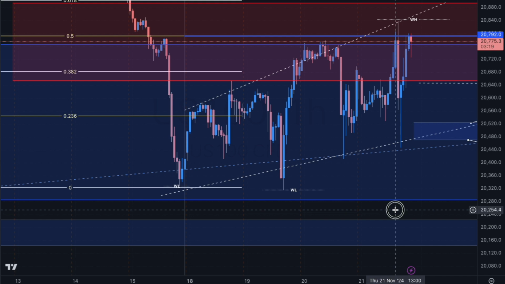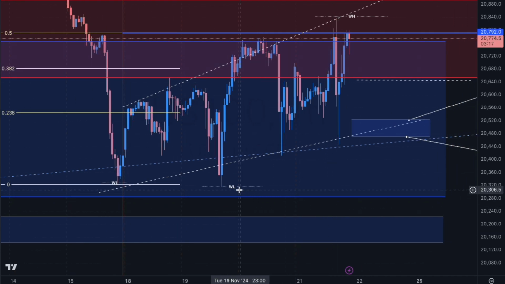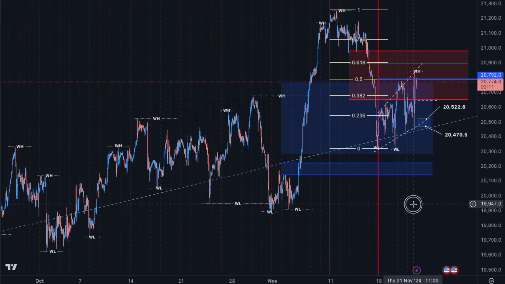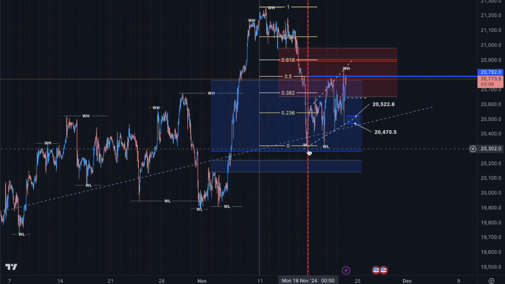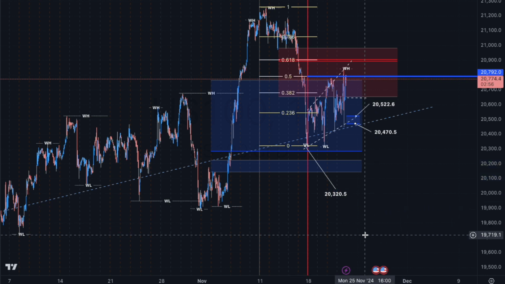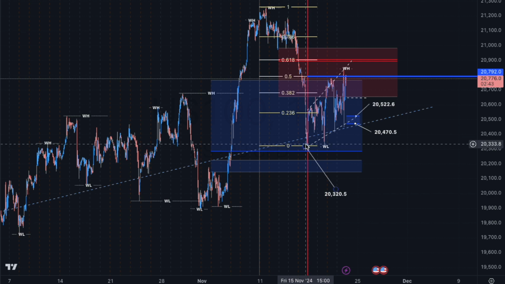All right, so as it stands, I'm not going to put any labels on these because we don't know. It's not set in stone yet, so we're not 100%. Right, what we can work off is this weekly low in this area over here, which is 20320.5. This is the one we need to keep an eye on.